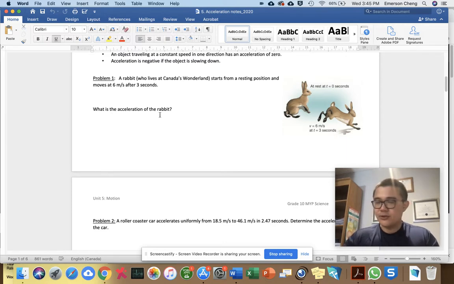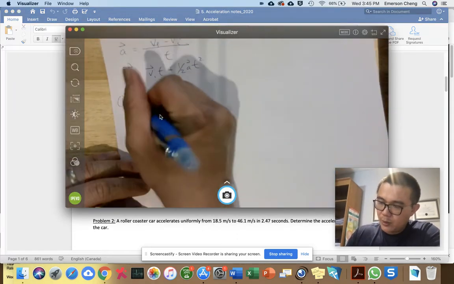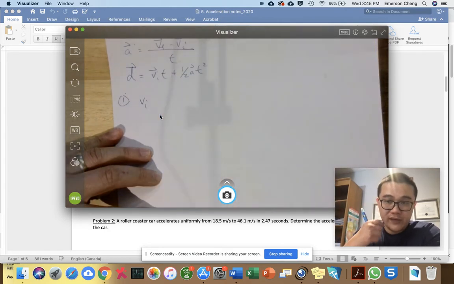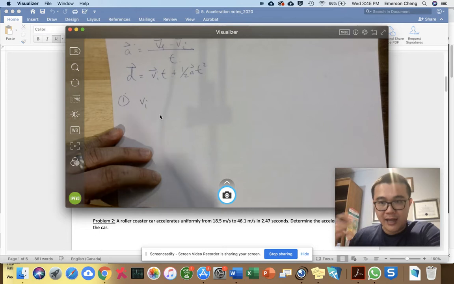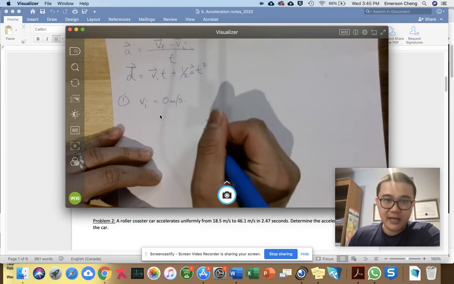Okay, fair enough. So in this case, you have the initial velocity. Question 1, the rabbit one. The rabbit was not moving. Not moving, or at rest, means 0 meters per second.